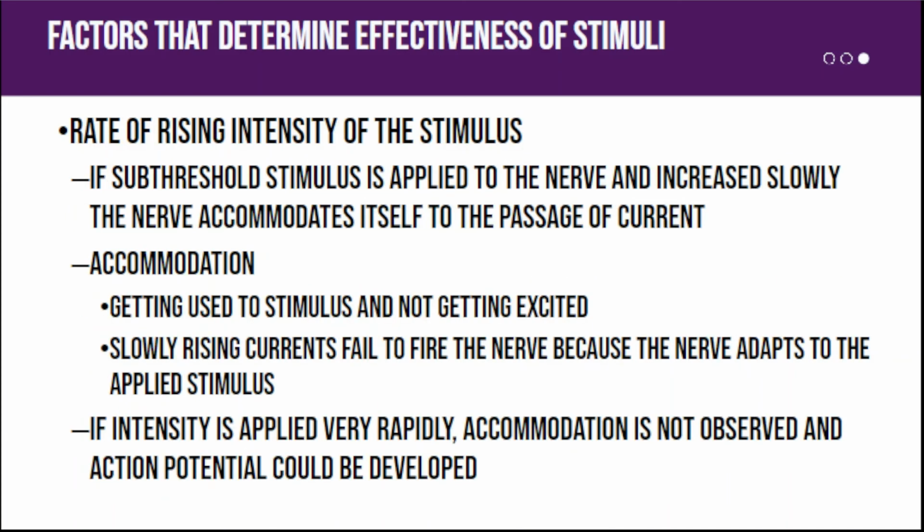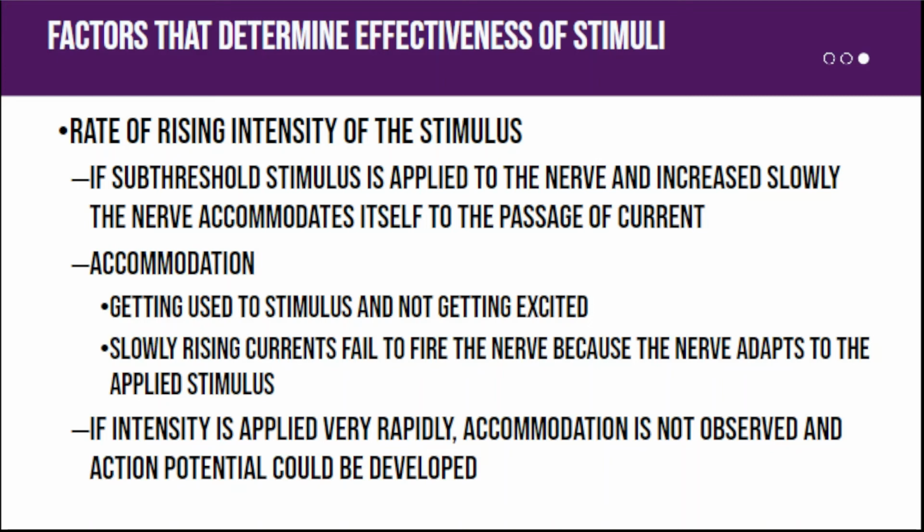Second factor that determines the effectiveness of your stimuli is the rate of rising intensity of the stimulus. Meaning, kapag patuloy kang nagbigay ng subthreshold stimulus sa isang nerve at ang tagal ng interval bago mo taasan yung intensity ng stimulus mo, eventually, wala nang magiging effect kahit taasan mo pa yung intensity. Why? Kasi natututo ang nerve to accommodate. What is the meaning of accommodation? It is getting used to the stimulus and not getting excited anymore.